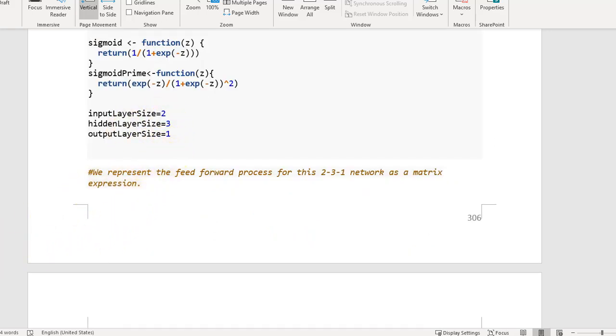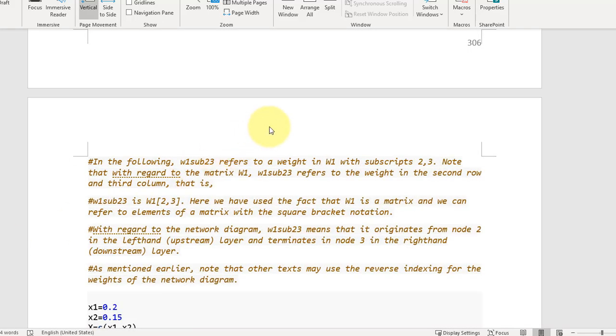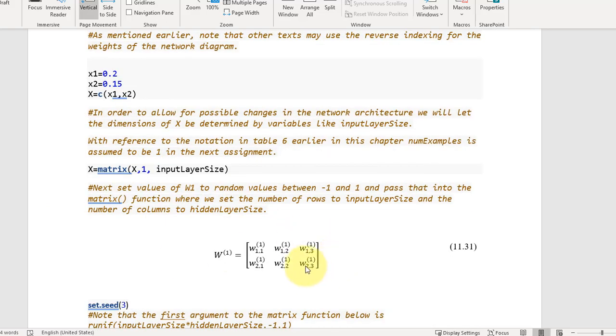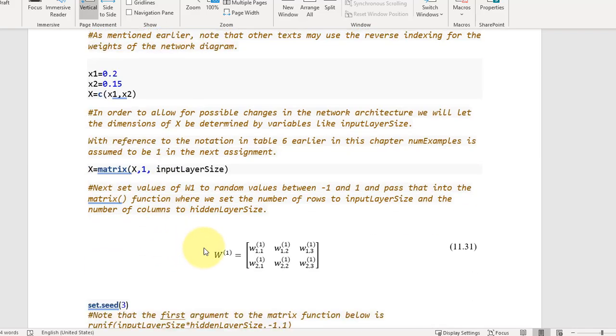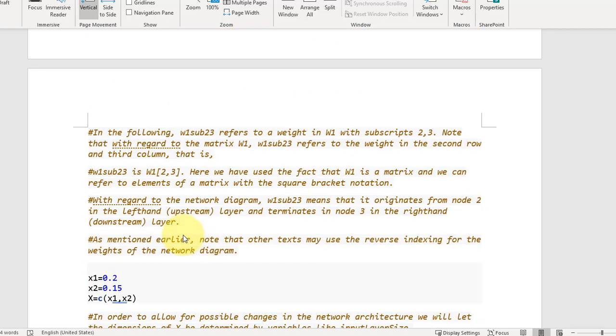And since writing subscripts and so on is quite difficult in R, I don't know how to do it, we're just going to write W1 sub 2, 3 to mean this weight here, W1 sub 2, 3. Now, we can also take that matrix if we call it capital W1 like this. So if this matrix is called capital W1, and we define a matrix like that, then what does this refer to?